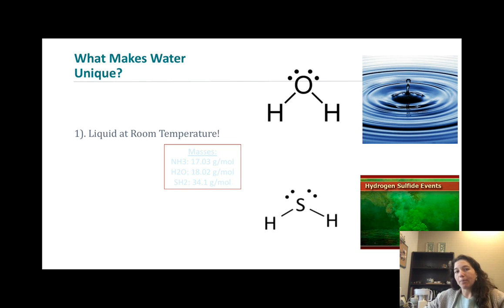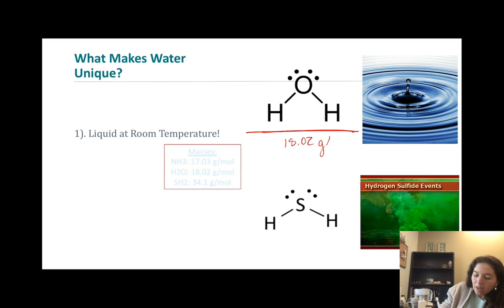Another thing that's unique about water is that it's a liquid at room temperature. That's really strange for something that is the molecular weight of water. So water has a molecular weight of 18.02 grams per mole. Everything else on the periodic table that has this weight, like this gas here, this H2S gas, is 34.1 grams per mole.